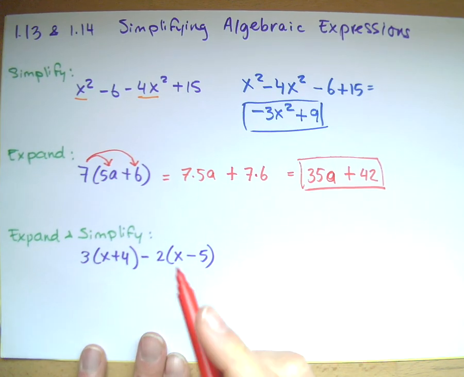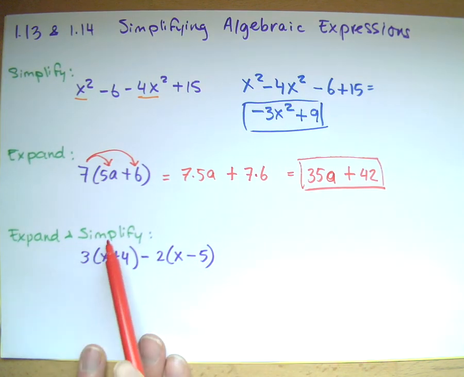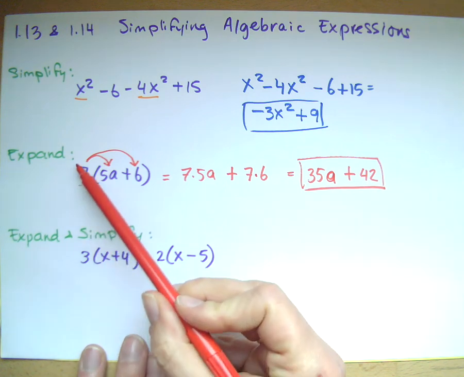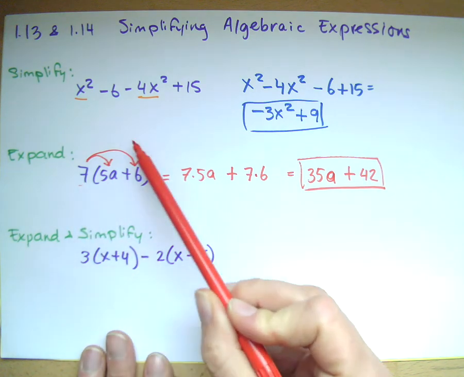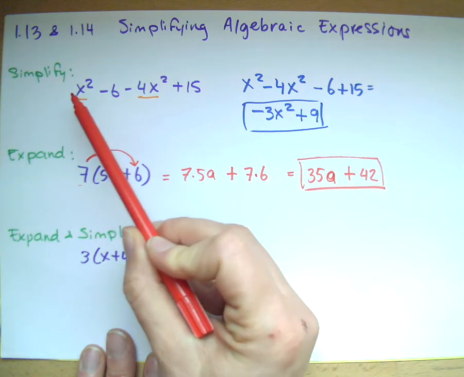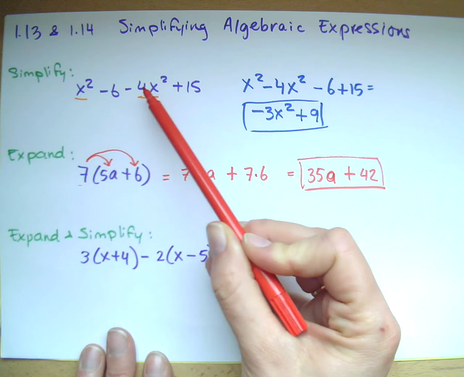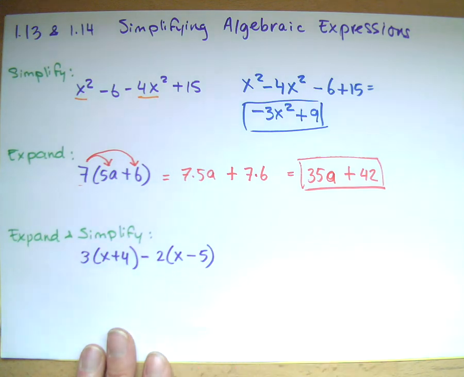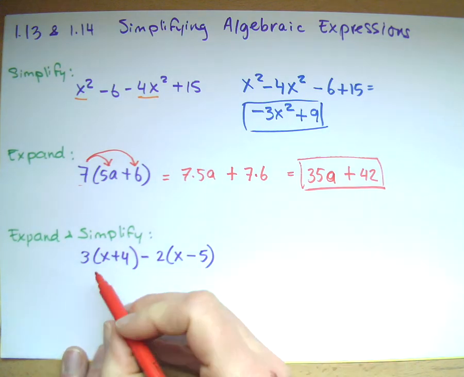Okay, sometimes they'll ask you to expand and simplify. So we first do this getting rid of the parentheses, expanding, and then we'll have to do some kind of simplification by collecting like terms. Let me show you that in this expression.